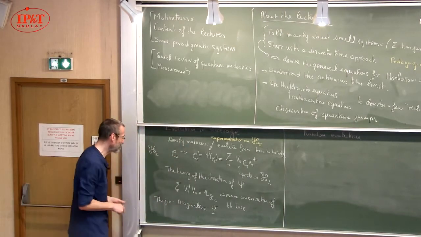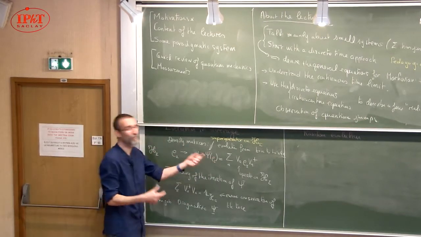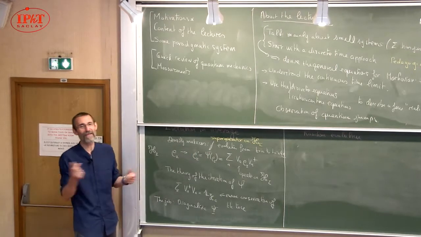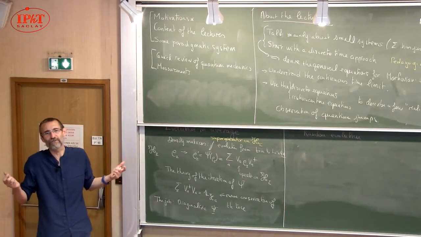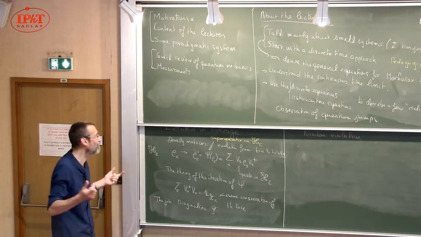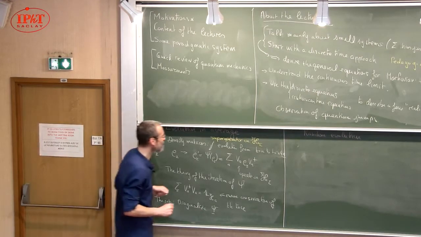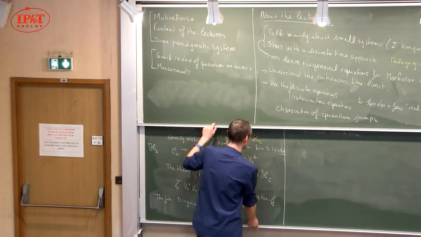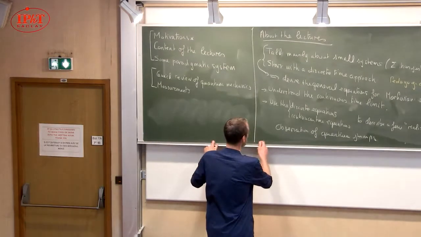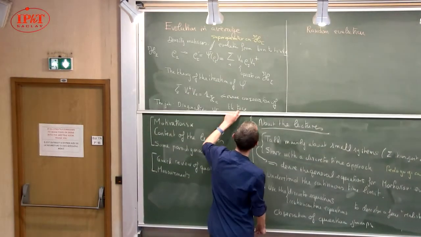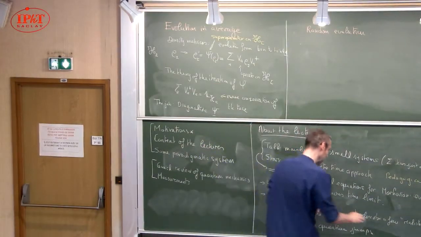So we want to diagonalize psi, and then we compute completely the evolution. So from a mathematical viewpoint, this is just very, very simple. You can think of this as a trivial task somehow.